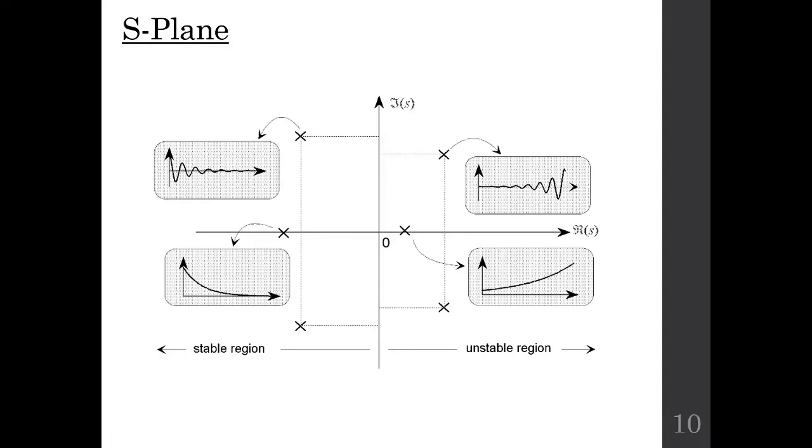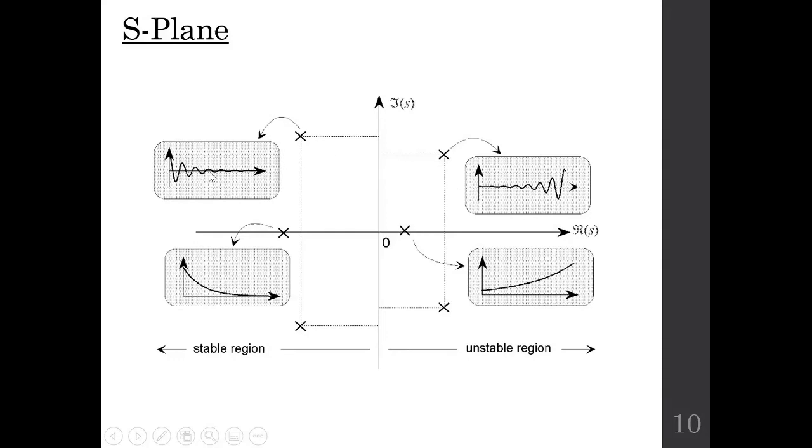So you will always get this kind of system response having oscillations which will die out as you move along the time axis. Now, if you have a system whose poles lie on the negative real axis, you will always get this kind of response having no oscillations. Similarly, in the unstable region, the opposite happens.